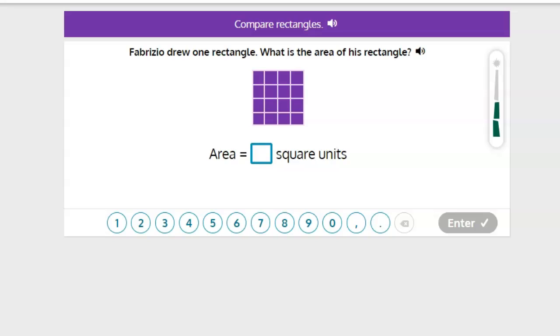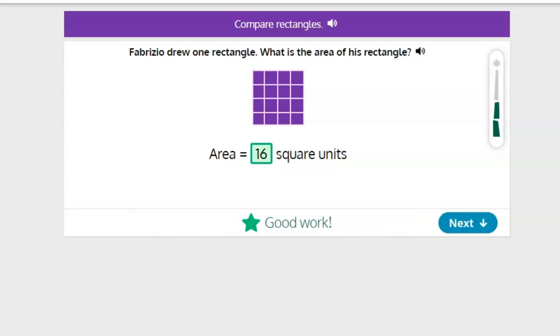Great, where'd you guess? The area of this shape is 16 square units. Great job.